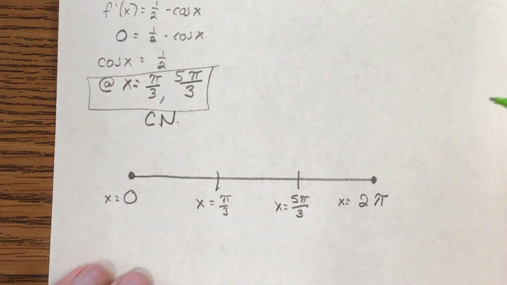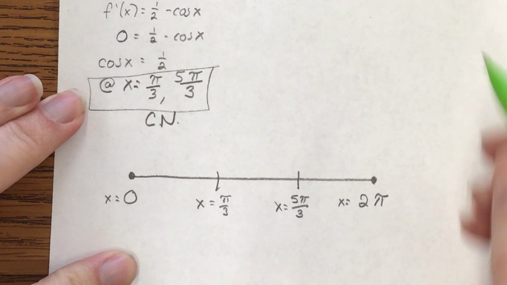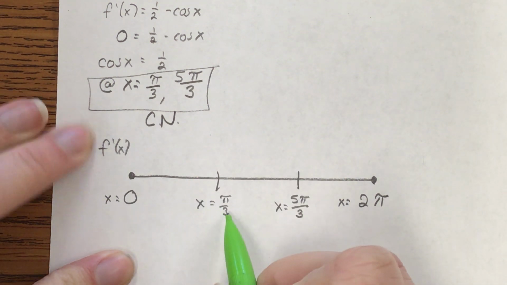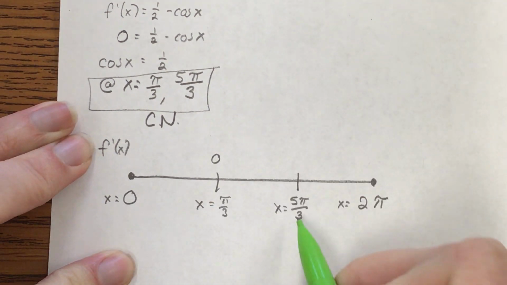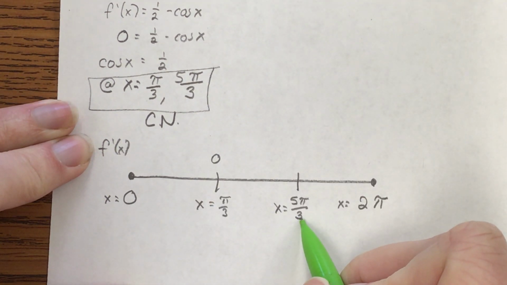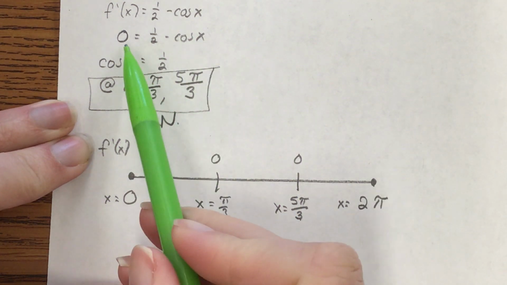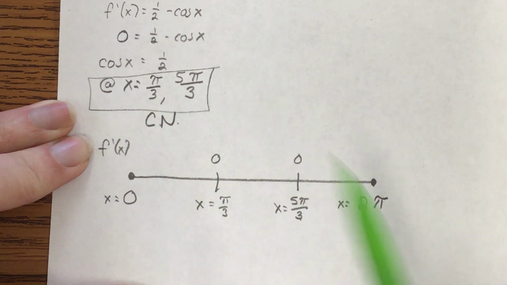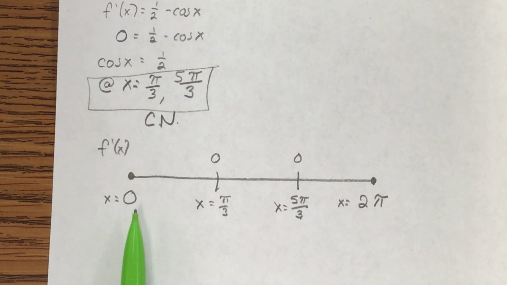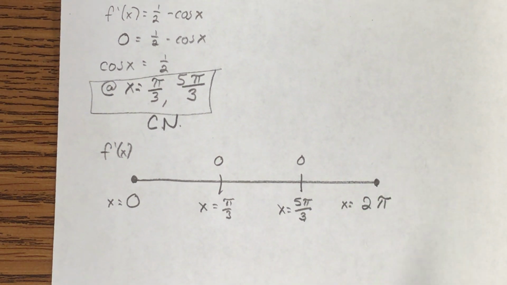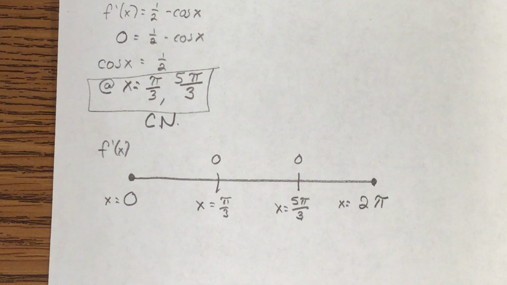Okay, we know that f prime of pi over 3 equals 0. f prime of 5 pi over 3 also equals 0. That was this whole bit, right? We set it equal to 0 and then solved. We don't know f prime at these two values, nor do we care. Okay, we just care about in between in the intervals.